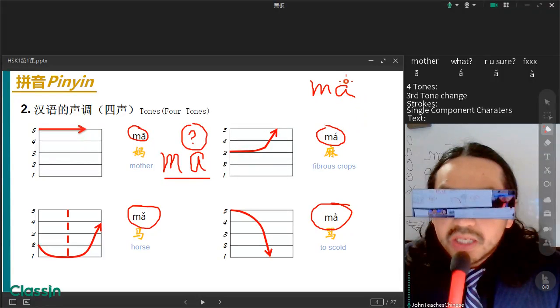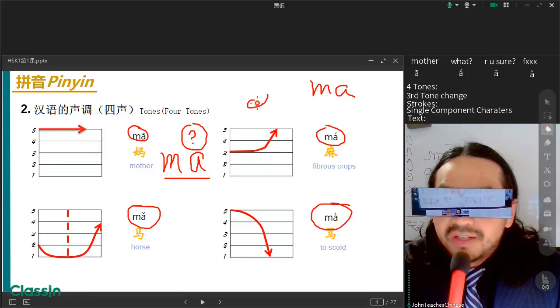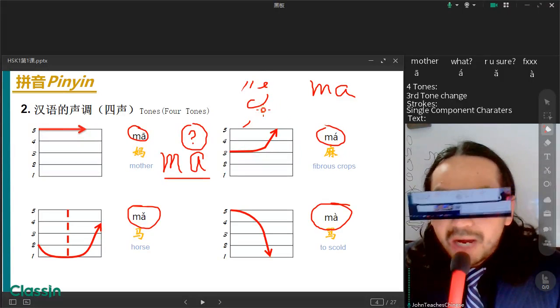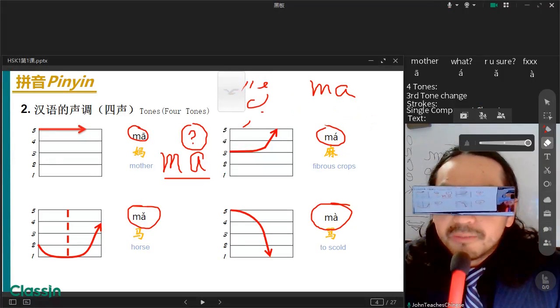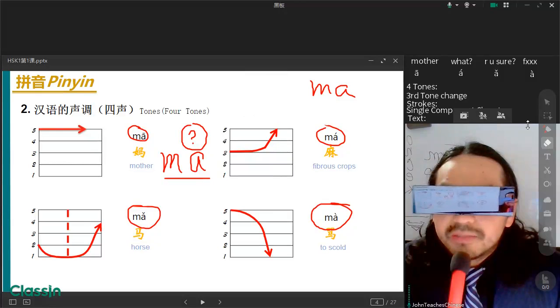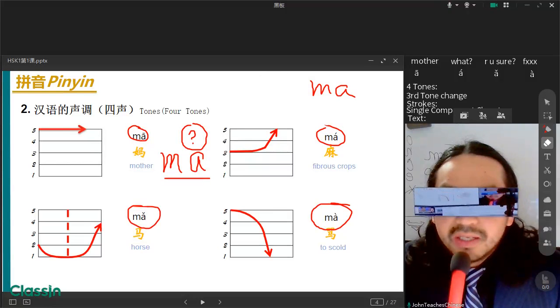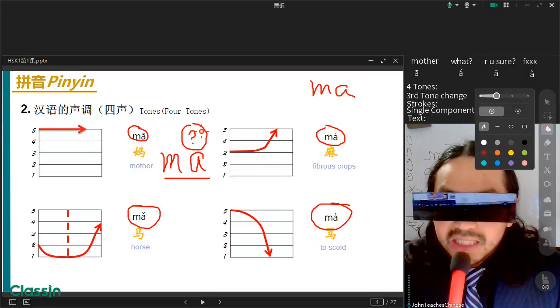There's no such thing as in Arabic, where you have a letter, and you put a mark here, or here, or two marks, and it reads totally different. Ba, bi, bu, bei, bo, bao, ban. There are no such difficult things. It's much easier than that.